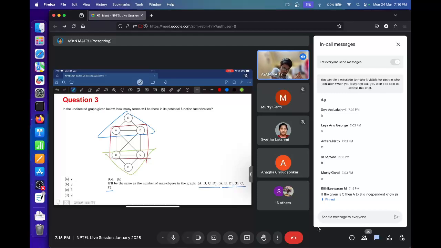You have to find such max cliques, and make sure that combining those max cliques covers the whole graph. You cannot leave out any variable. All the variables in that graph must be covered by combining all the max cliques. So these three max cliques would cover all the variables and also all the connections or edges in this graph.